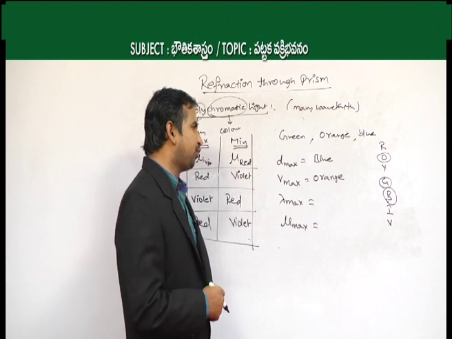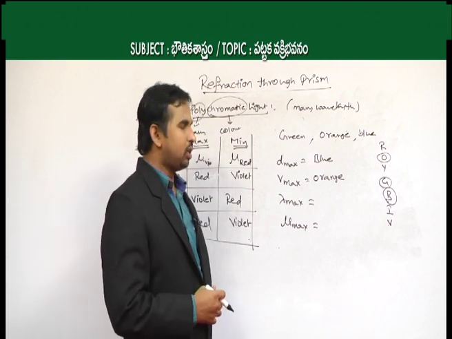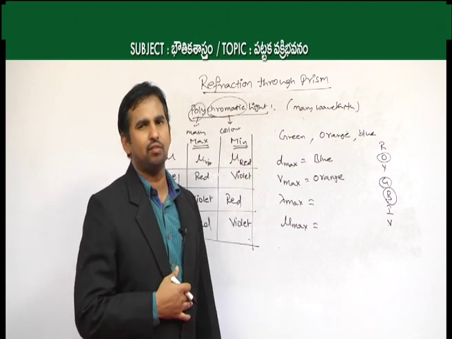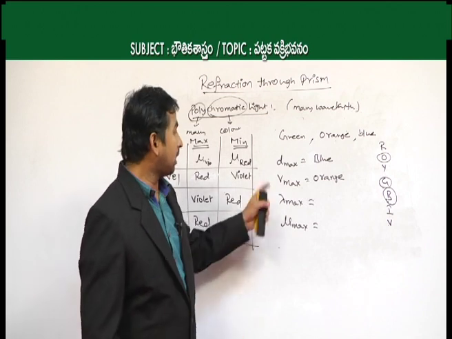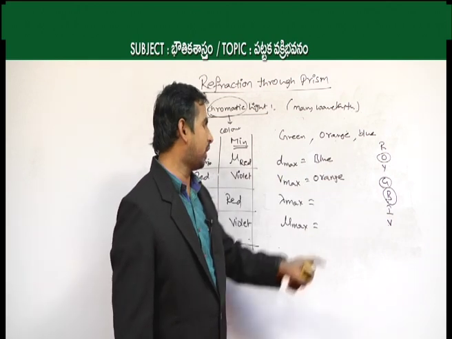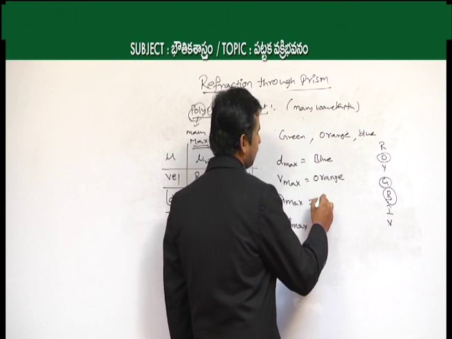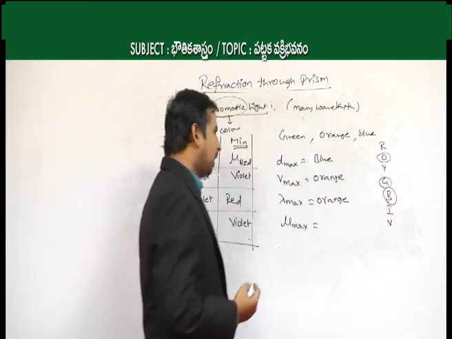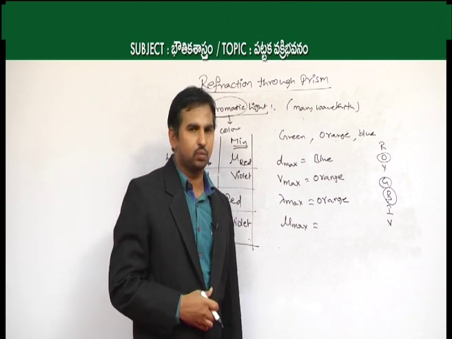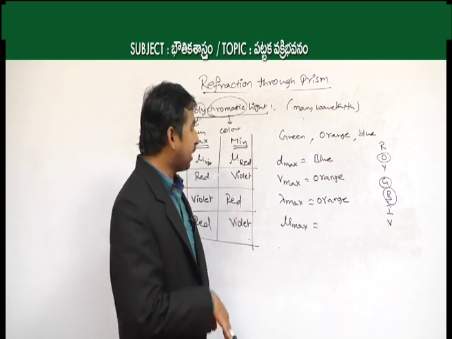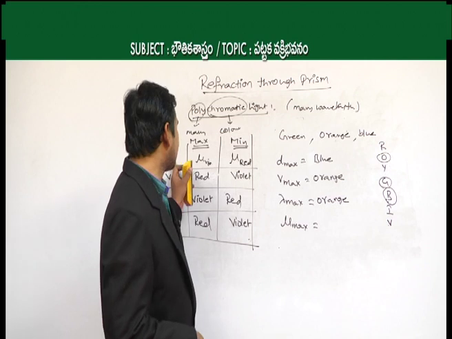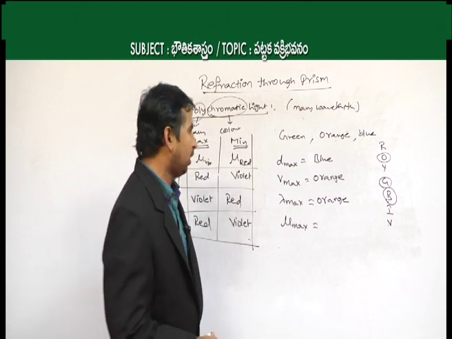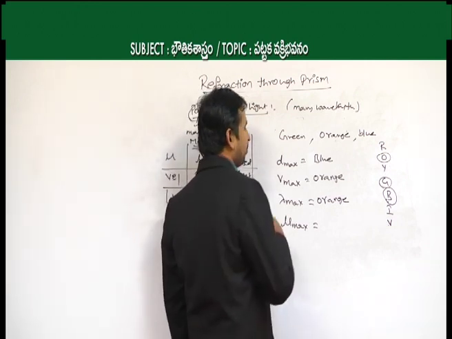And coming to wavelength: if you have more velocity, the wavelength is also more. As the velocity is more for orange, the wavelength is maximum for orange here. After that, the refractive index, mu, is maximum for violet because it has the maximum deviation.